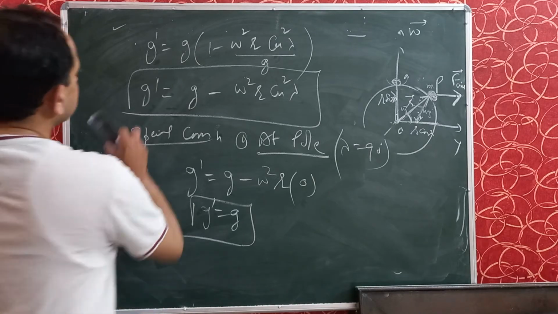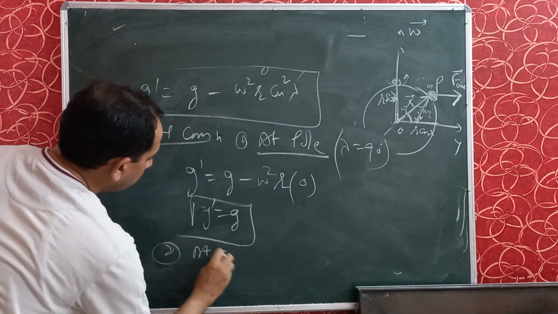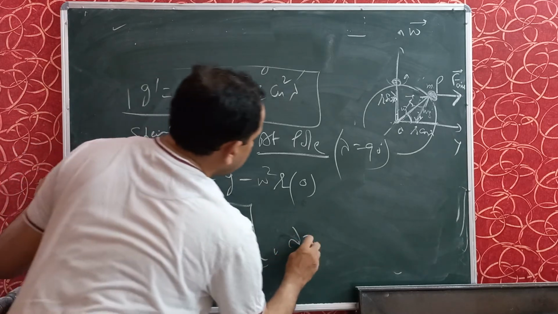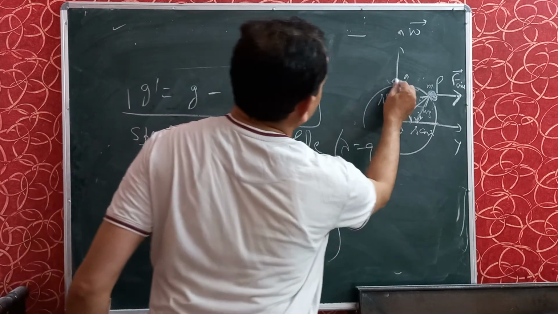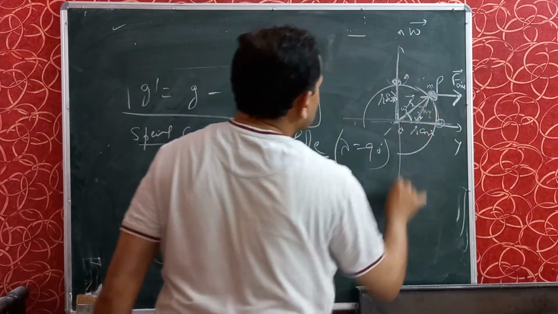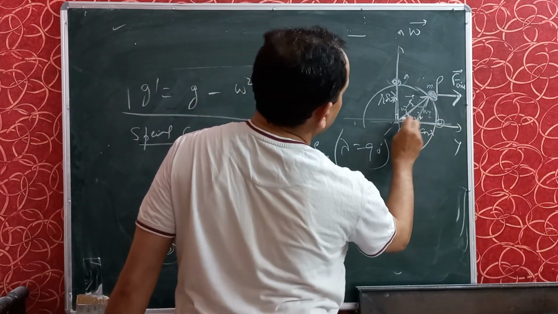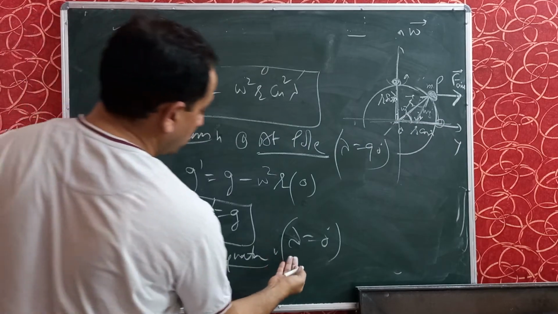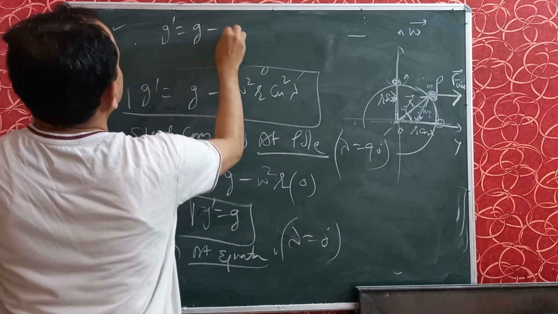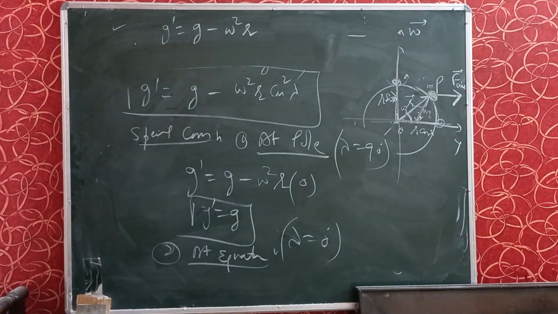And the second case, at the equator. At the equator lambda becomes 0 degrees. Equator means when the object is lying at this point, because this line is the equatorial line and this is the polar line. When we put lambda 0 here, we get g dash is equal to g minus omega square r into cos 0, and cos 0 is 1, so it is omega square r.